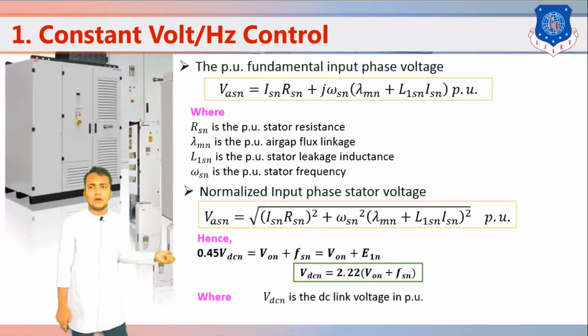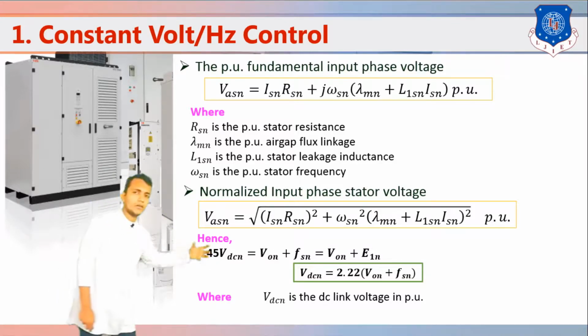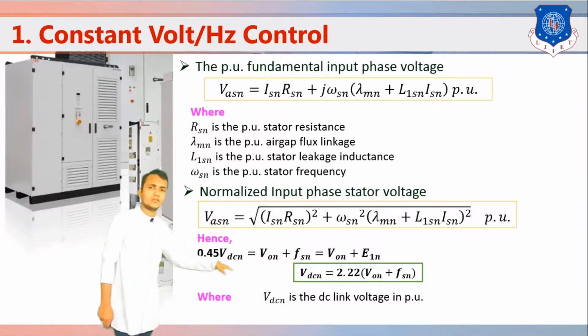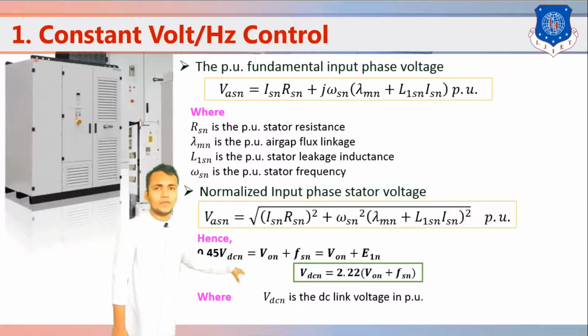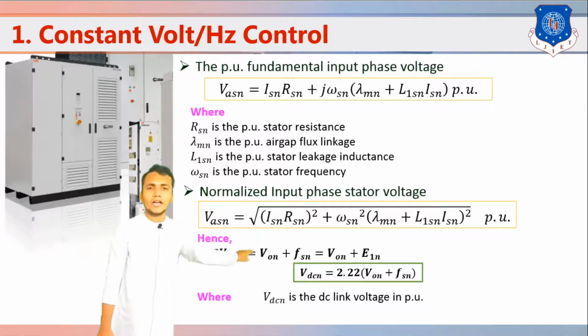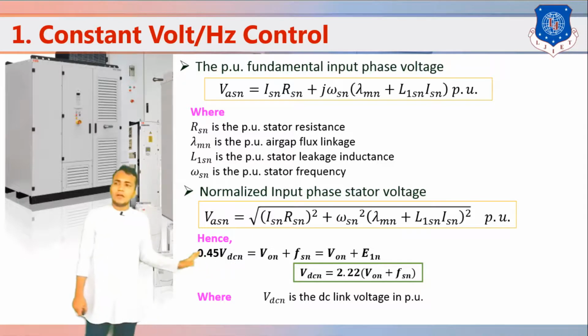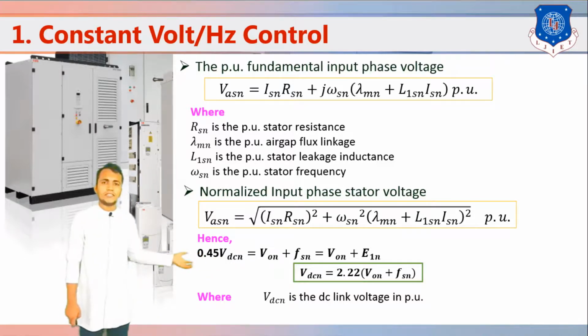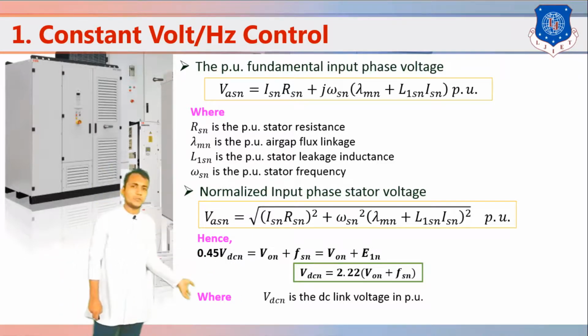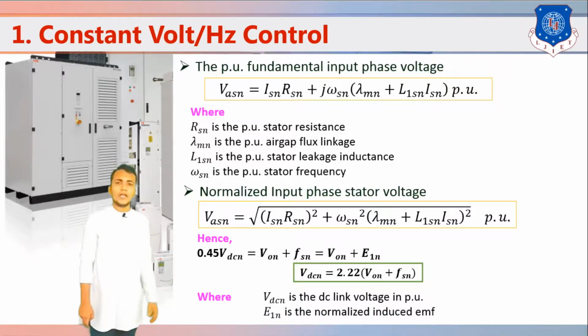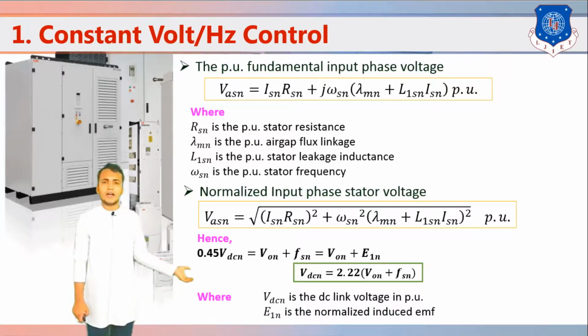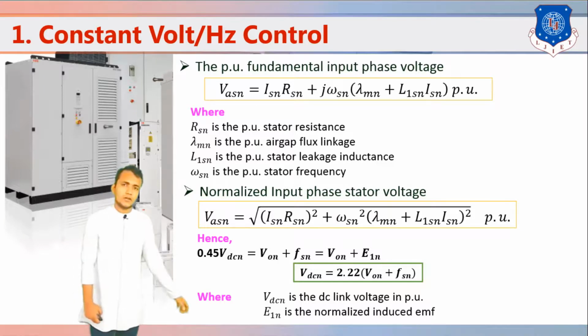Okay, here you can see if we divide by 0.45 on the back side, the equation is like this: VDCN is equal to 2.22 in the bracket V1 plus FSN, where VDCN is the DC link voltage in per unit. Okay, and E1n is the normalized induced EMF.